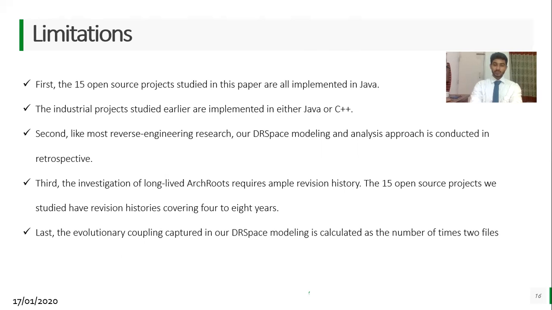The 15 open source projects they studied have revision histories covering 4 to 8 years. The last limitation is that the evolutionary coupling captured in our DRS space modeling is calculated as the number of times two files change together.